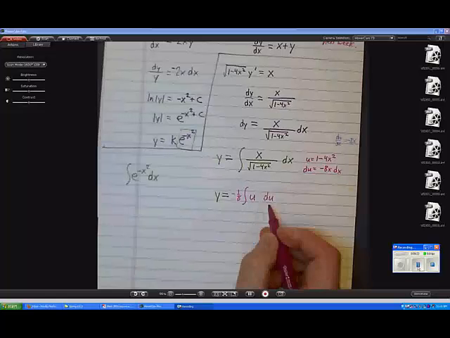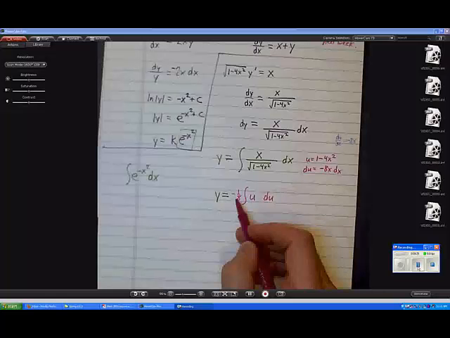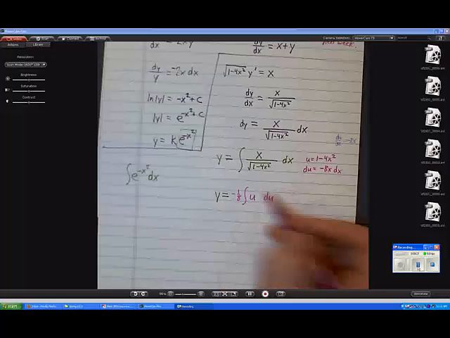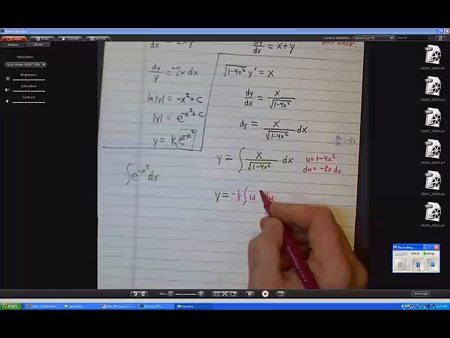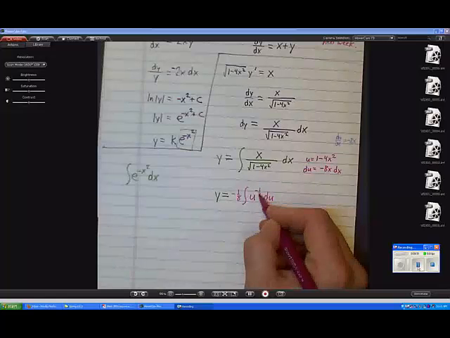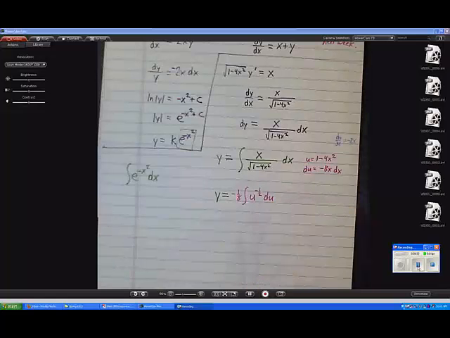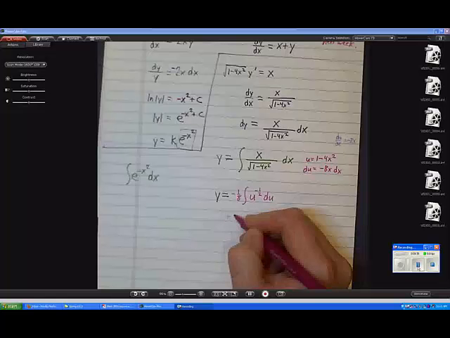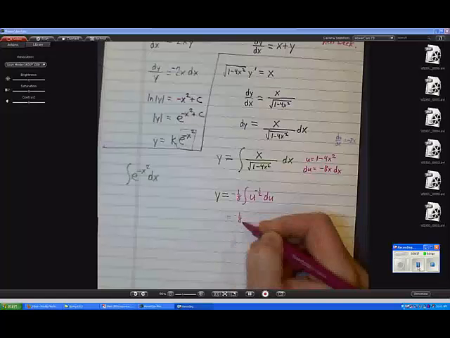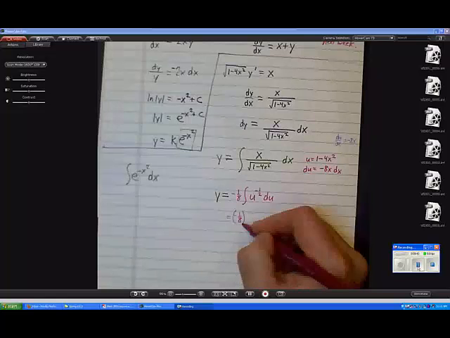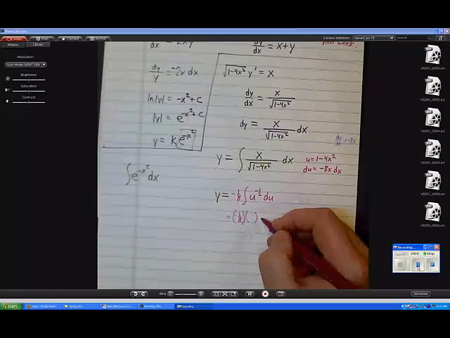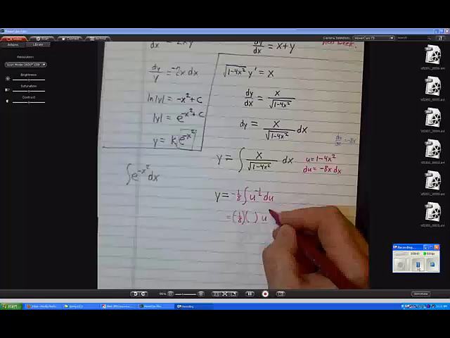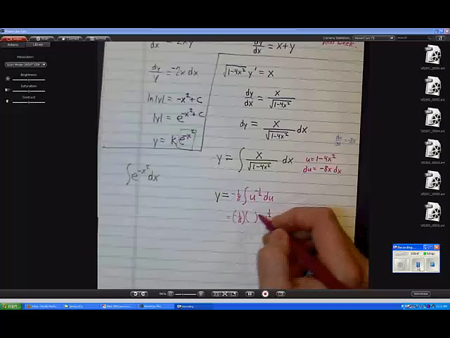Well, the du is going to be there now because I multiplied by negative 1/8. So it's u to what power? Negative 1/2, okay. So now I'm getting there. And this is negative 1/8 times, well, I'm going to make it u to the positive 1/2, right? So that means I need to multiply by what? 2.